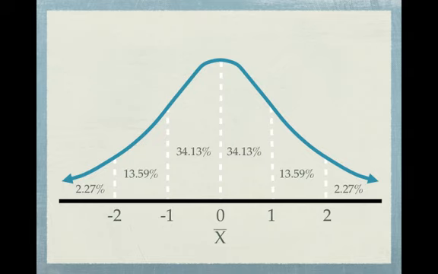So what it tells us is that the majority of the responses of the respondents will answer in a way that is centered around the mean. And we only have fewer participants at the tail ends of the normal distribution.